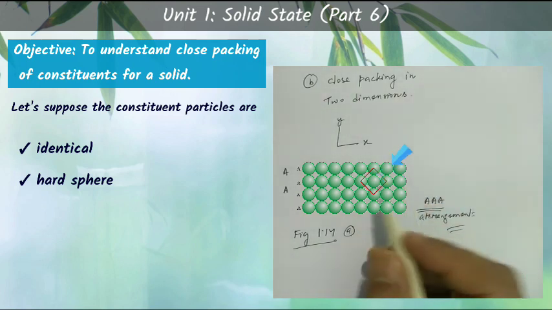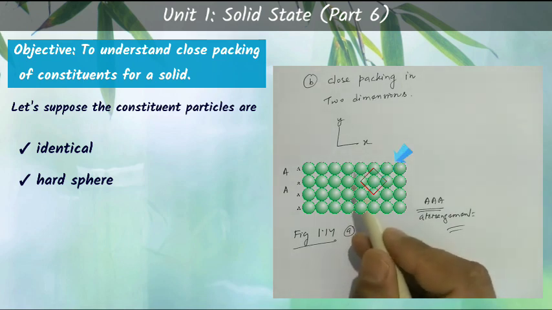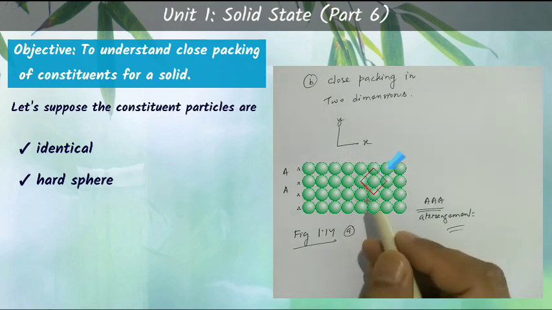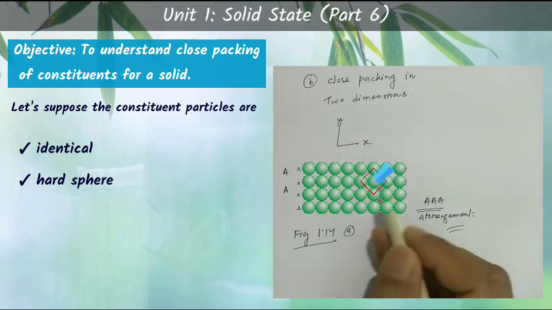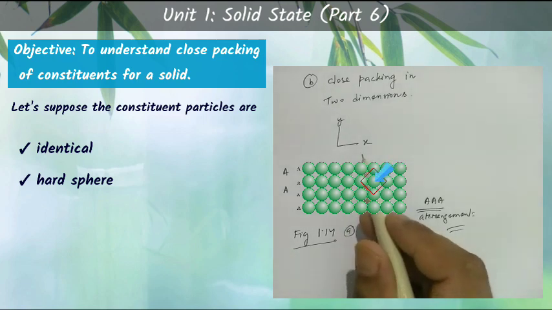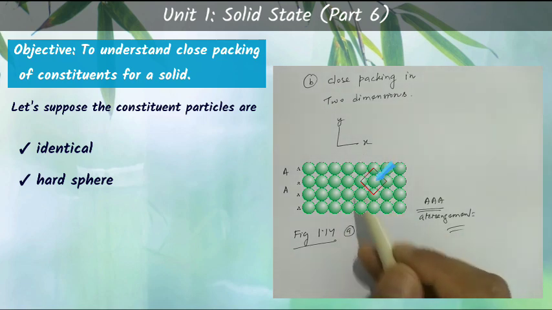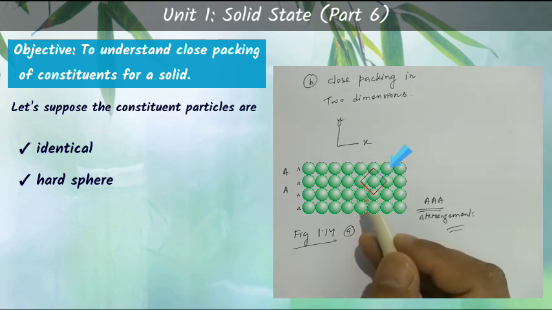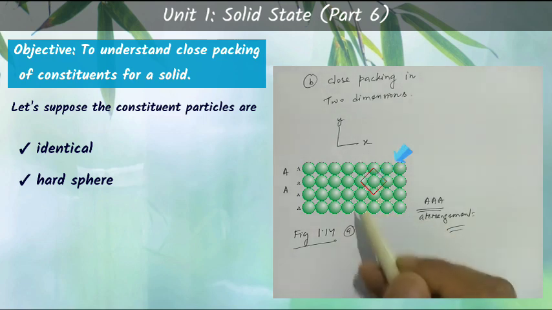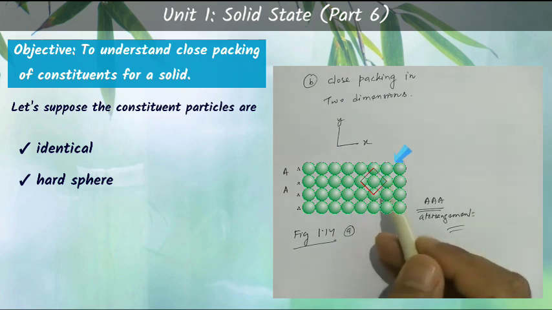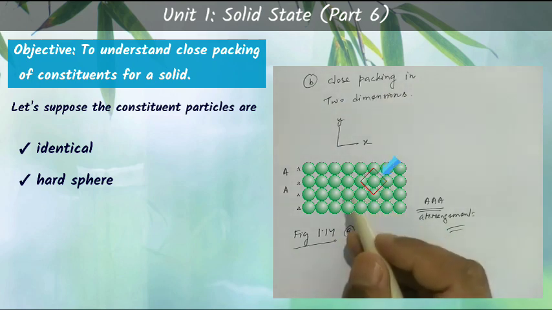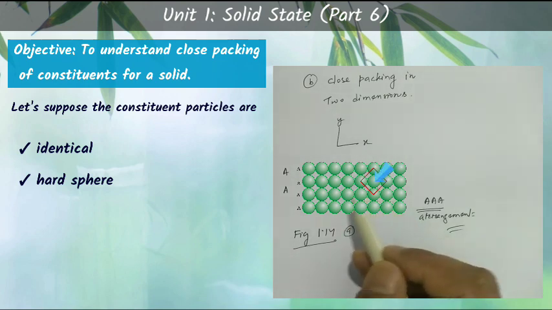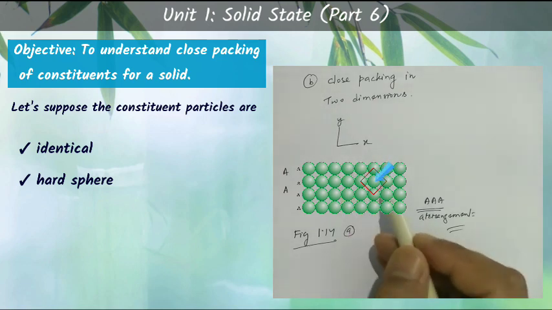Now if you consider only one atom, or this constituent particle, you see this constituent particle is surrounded by how many particles? Here you see 1, 2, 3, 4. That means this constituent particle is touched by a total of 4 constituent particles, or it has a total of 4 nearest neighboring particles.